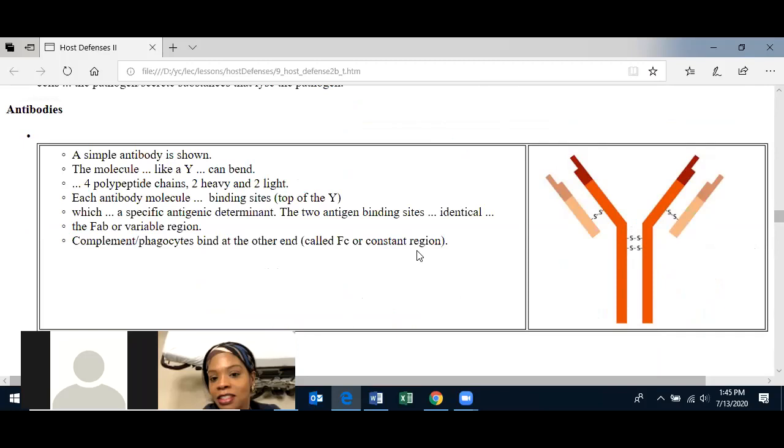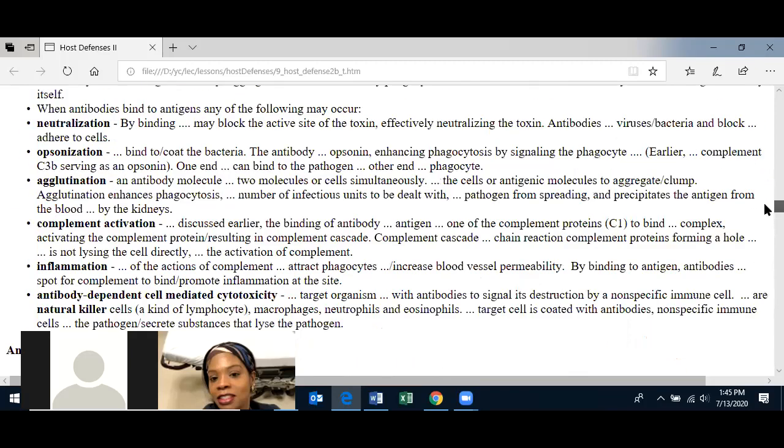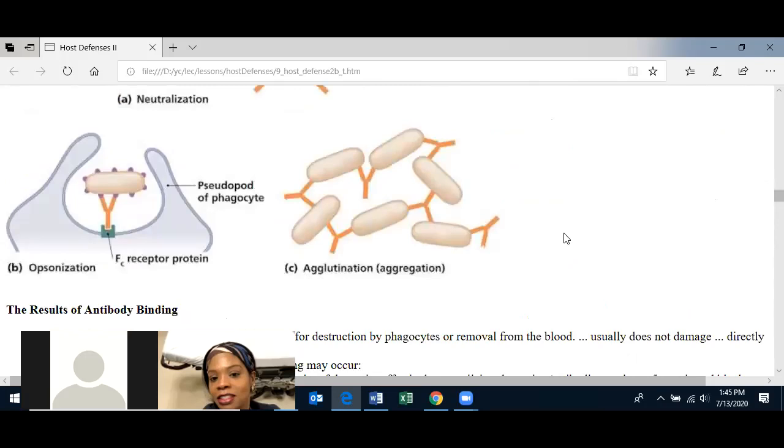Each antibody molecule can bind two times, so it can bind at this site and it can bind at this site. And please recognize that this is the same epitope. So when this antibody binds to an antigen, it's only binding to one epitope of that antigen. And this antibody can bind to the same epitope. And that's why we can get agglutination.